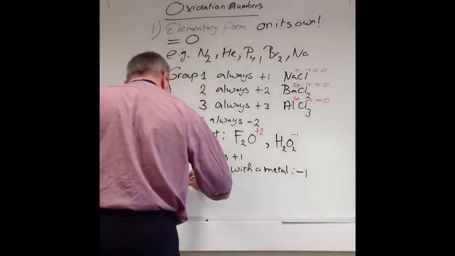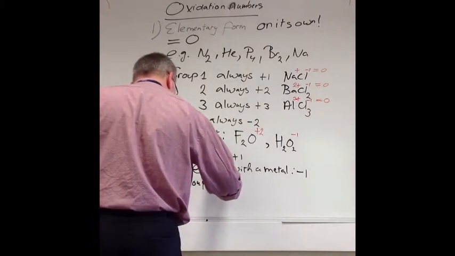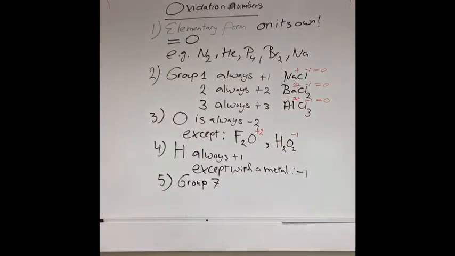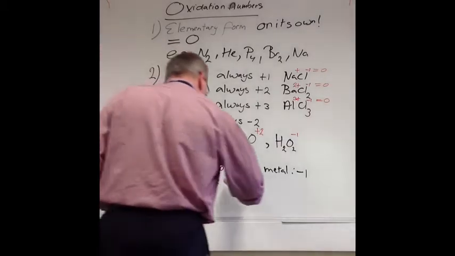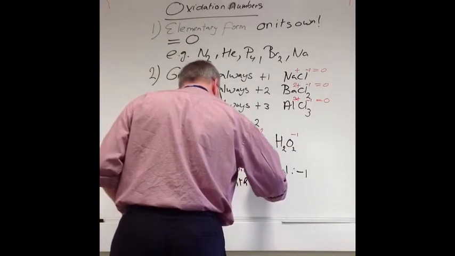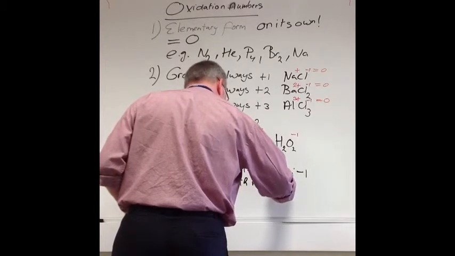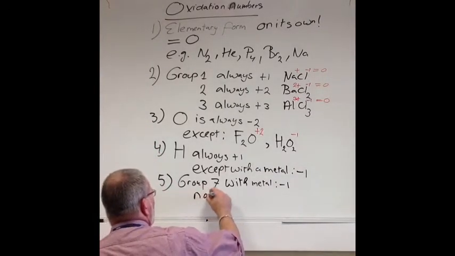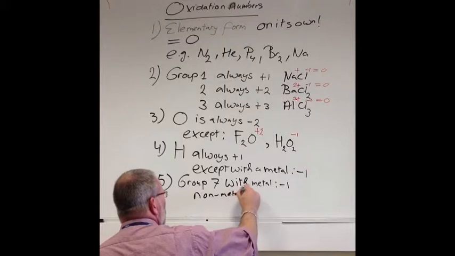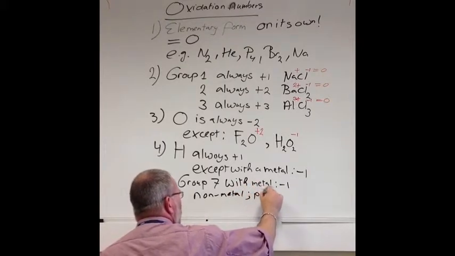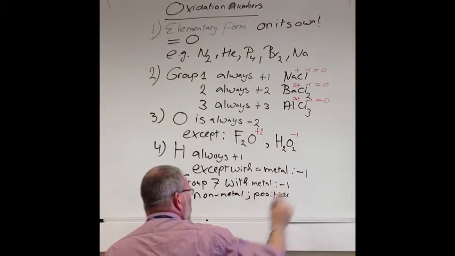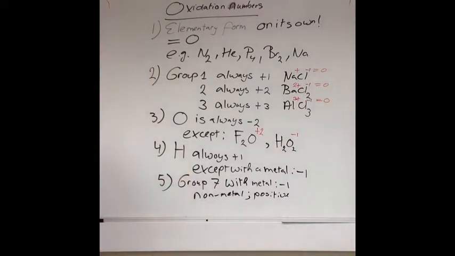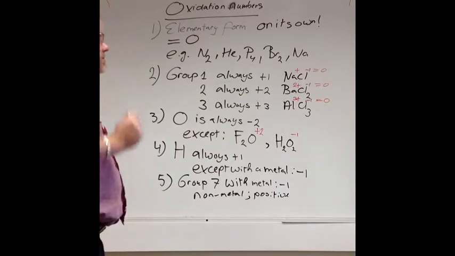Group 7 with a metal -1, with a non-metal positive. But we don't know by how much. It could be 1, 3, 5 or 7.